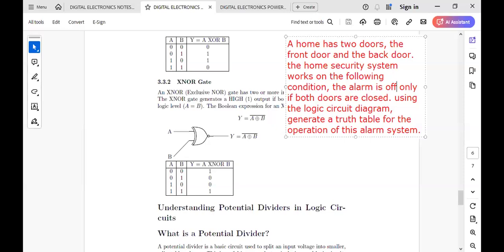Okay. Now, just read through and someone tell me what this scenario is asking us to draw. Which kind of logic gate are we going to draw and why? Yes?